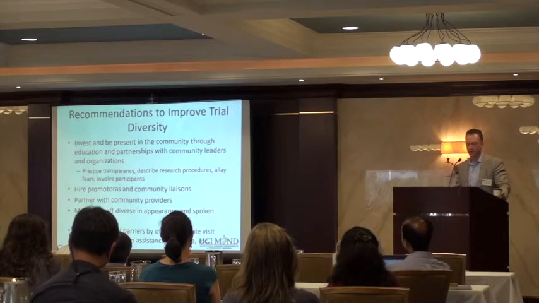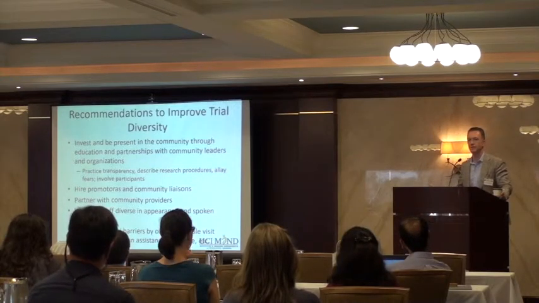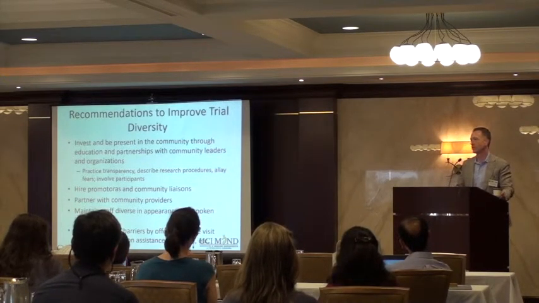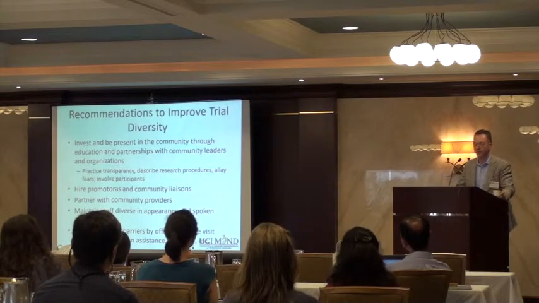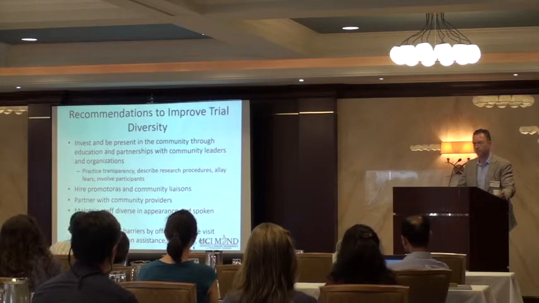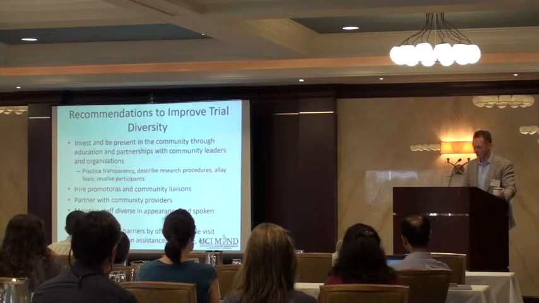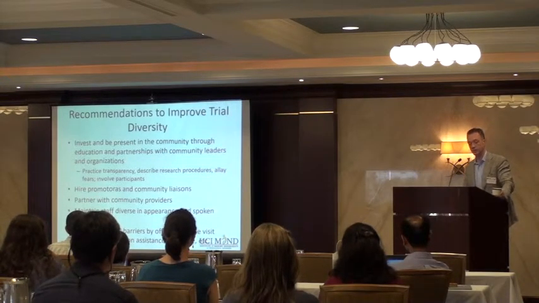So I work at a NIA-funded Alzheimer's Disease Research Center. We have specific cores that are devoted to outreach and recruitment, and we have had to put a lot of effort into trying to make inroads into getting diverse people into our research.